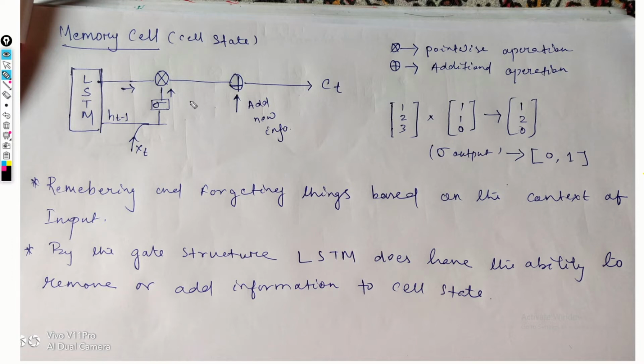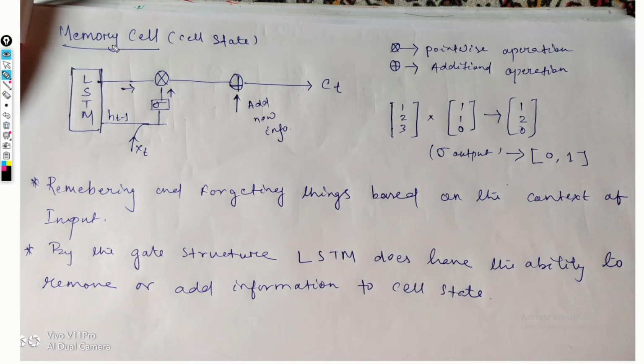It is responsible for remembering and forgetting things based on the context of the input, like the example I showed you. It has to remember paratha, and paratha and pasta, cheese, to predict a certain cuisine. At the same time, it has to forget paratha and save pasta and cheese to predict another cuisine.